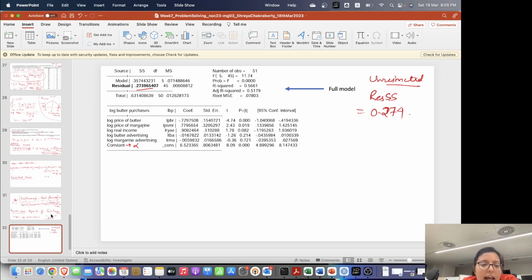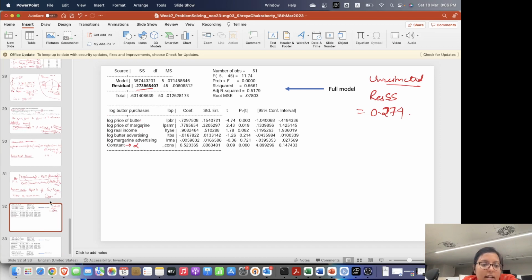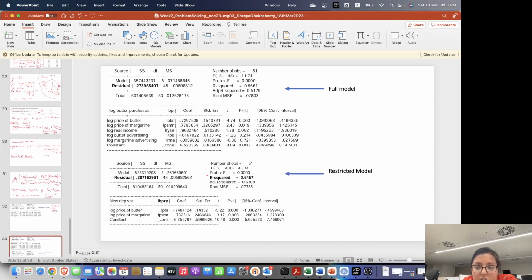Now when I have the restricted model, then the sum of squares due to residuals is this one, 0.287, and this is 0.274.